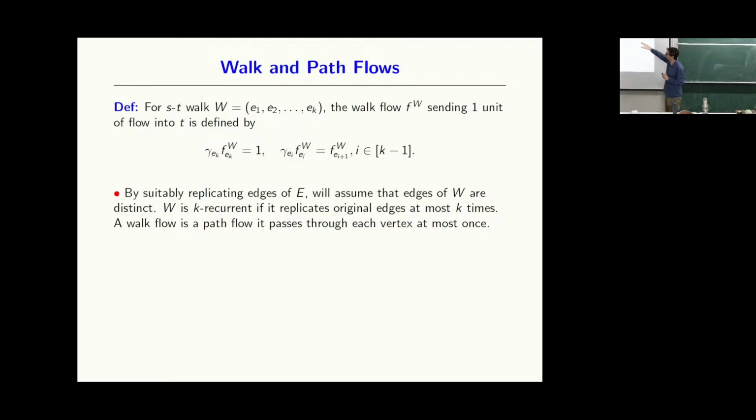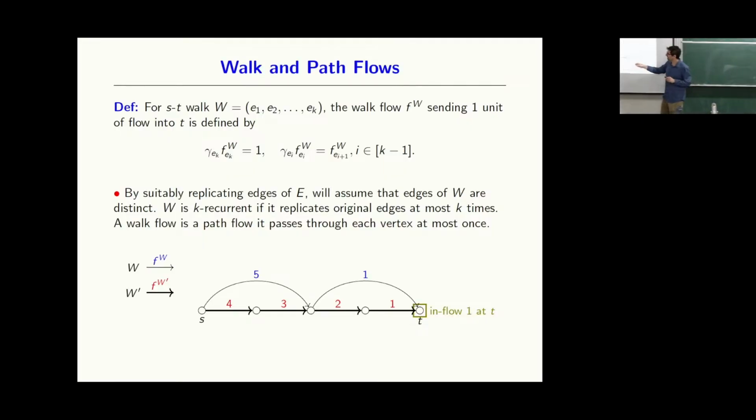Walks will be allowed to use edges more than once, and the cheating happens in the sense that every time a walk uses an edge, we're going to assume that it's fresh. So the capacity will be reset to what it was originally. But we're not going to use arcs too many times, so it won't be a big problem.